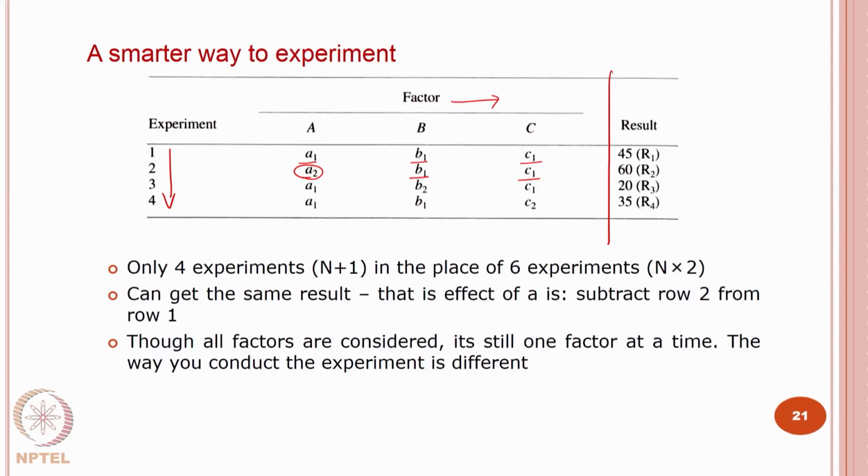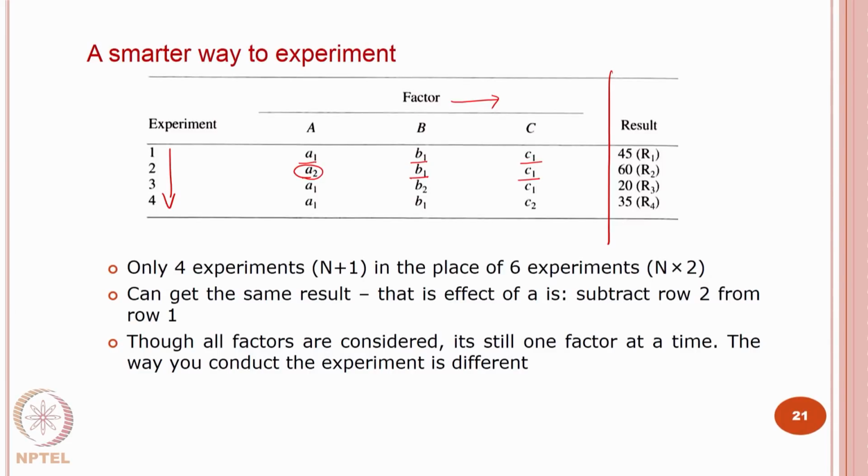So, I kind of get the effect of A. Look at the third experiment. I revert back to A1 while C is still fixed at C1 and I change B from B1 to B2. So, now I can get the effect of B. So is the case with the final row, where I fix A and B to 1 and I am changing C to C2.